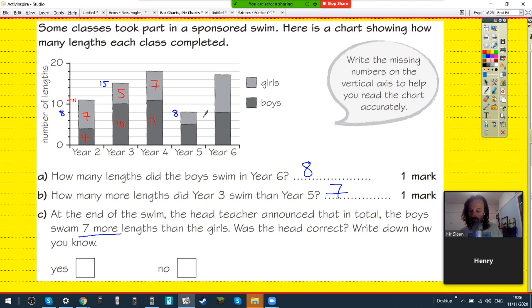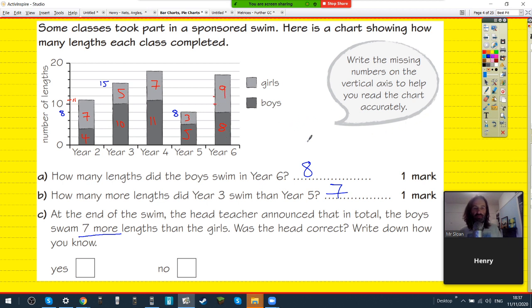Year 5, boys have 5 and girls have 3. And then year 6, boys have 8, and the girls have 2, 4, 6, 8 as well. And 9. Yep.